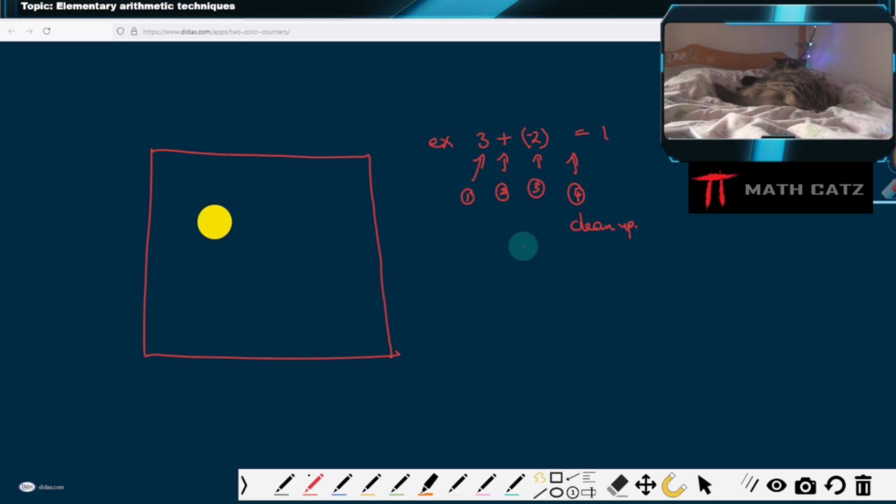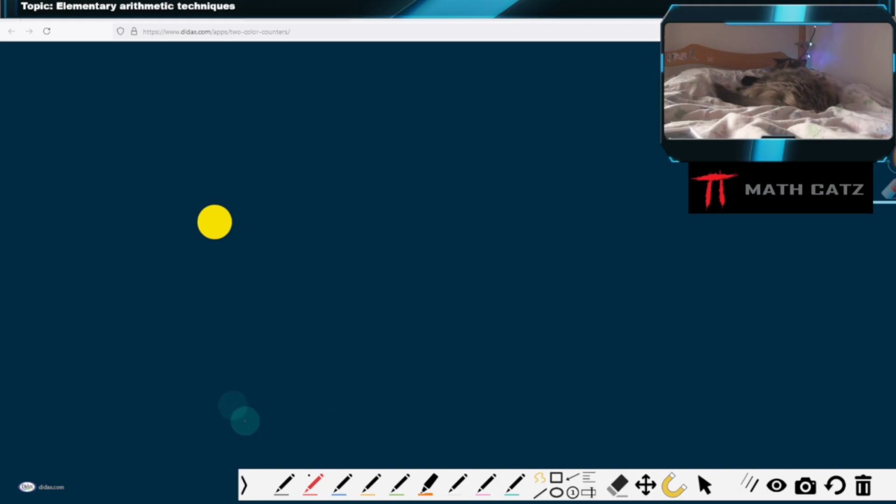So in the chip model, it's simple in that addition will always put more things on the table. But it also depends on what I started with and what I am putting on the table a little bit later. Let's look at some subtraction.